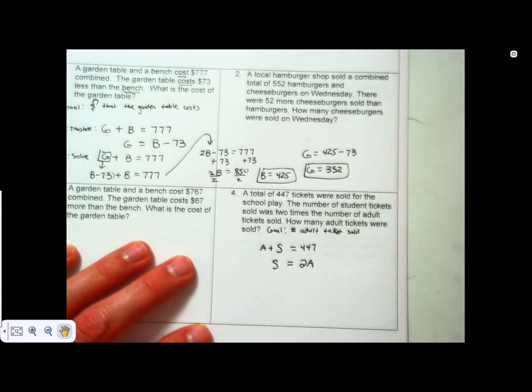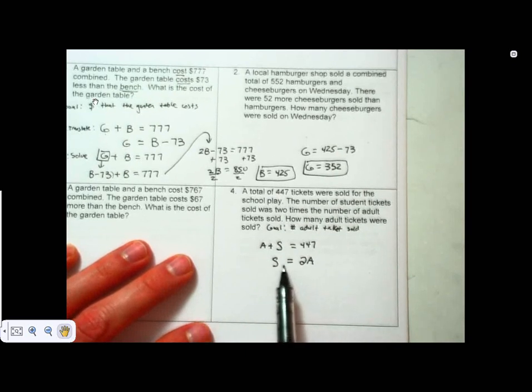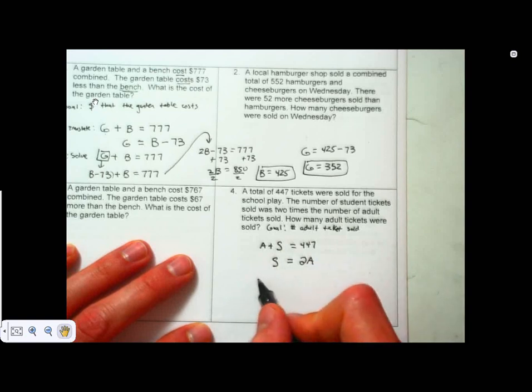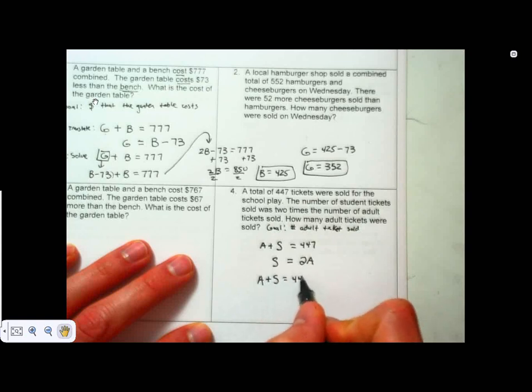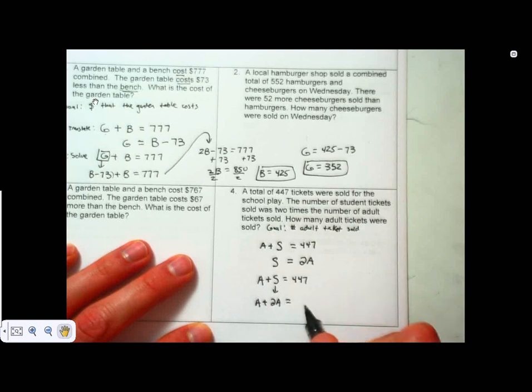Again, I've got 2 variables and 2 equations. So I'm going to use the second equation to help me solve the first. What the second equation tells me is every time I see an S, I can put 2A in its place. So here's an S in the first equation, and I'm going to put 2A in its place. I'm first going to write it out again, and now instead of having S, I'm going to plug 2A in its place because they're equal.